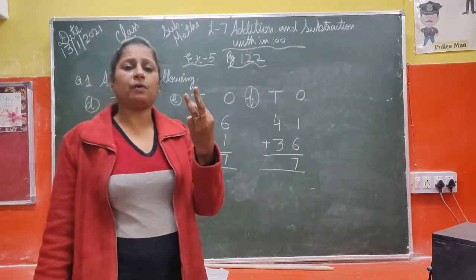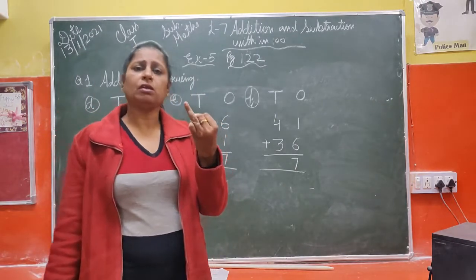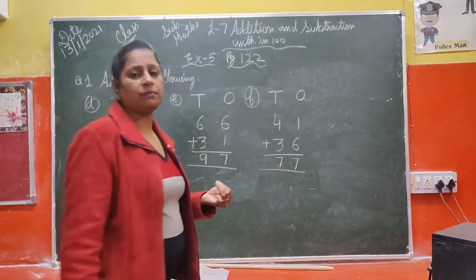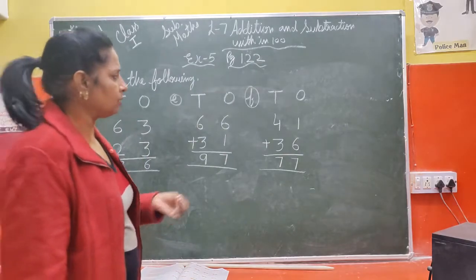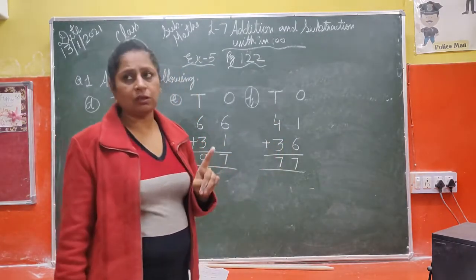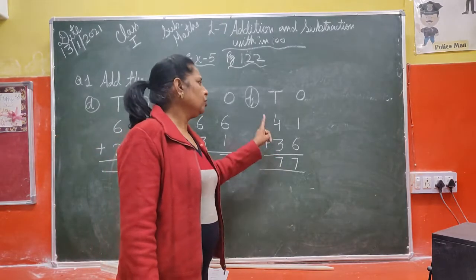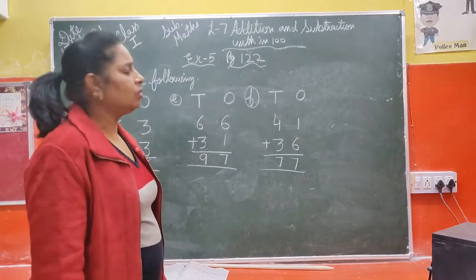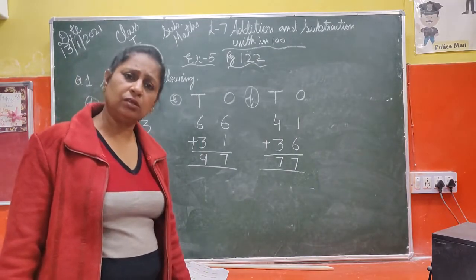After 4, 5, 6, 7. So answer is 7. So 77. 1 in my mind and 6 in my finger. So answer is 7. 4 in my mind and 3 in my finger. Answer is 7. So 77.